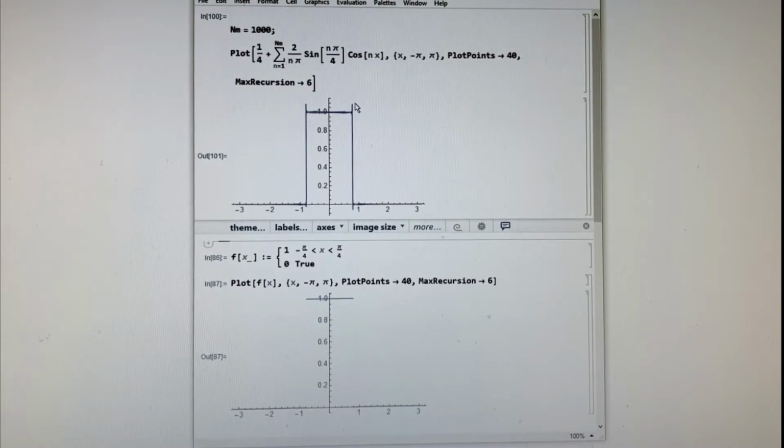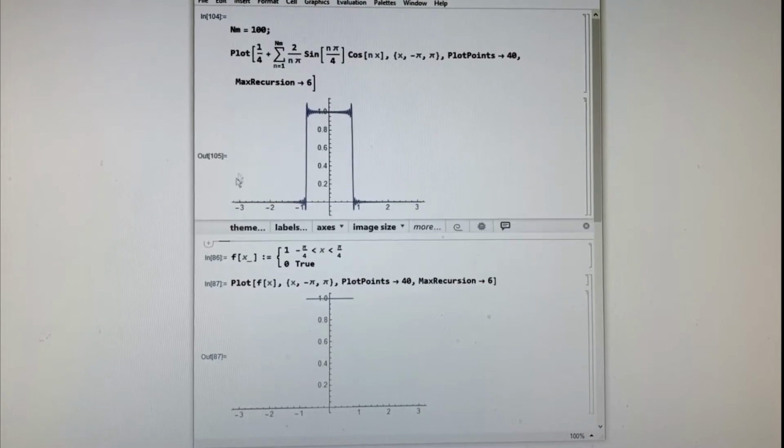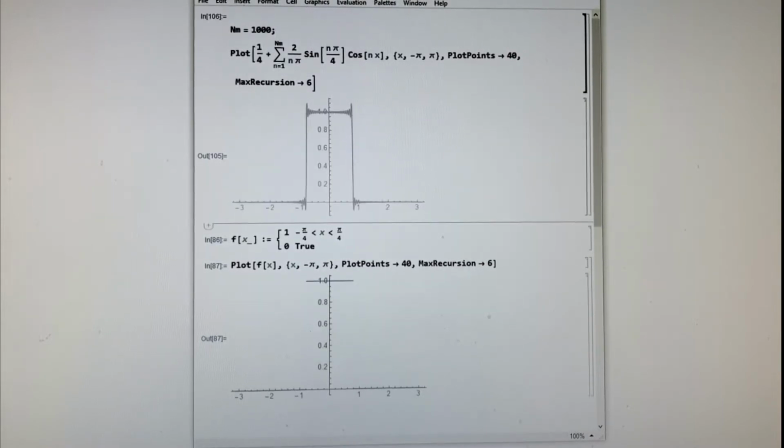And that is what we call the Gibbs phenomenon. And we will talk about it in 2 videos. But you can see how as we keep adding, we go from 1 to 100, which is relatively fast, it's reproducing the function. Indeed, when n goes to infinity, it reproduces it. I haven't shown you the theorem, but the computer will take forever to do it and doesn't have the precision to do it.